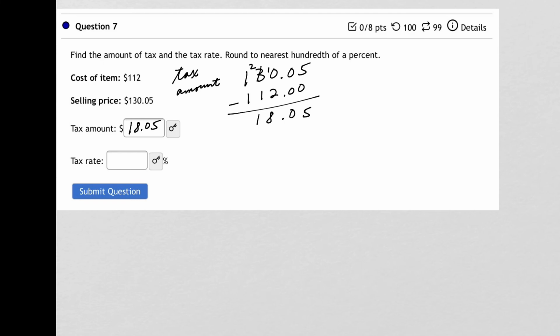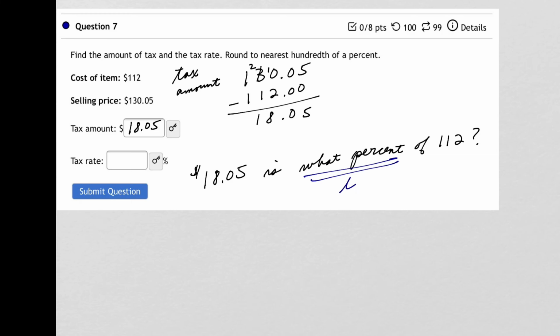We could say 18.05, that was our tax, is what percent of the original amount, 112. Because the what percent here is going to be your tax rate. Does that make sense? So 18.05 is what percent of 112.